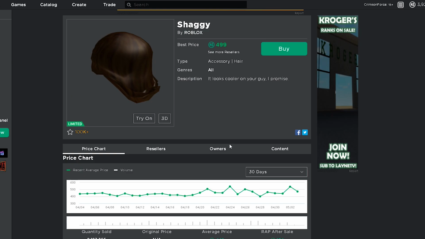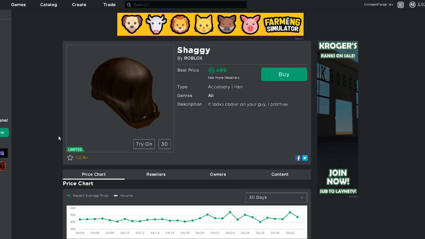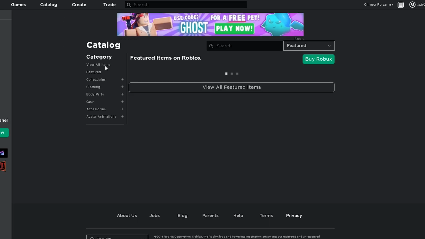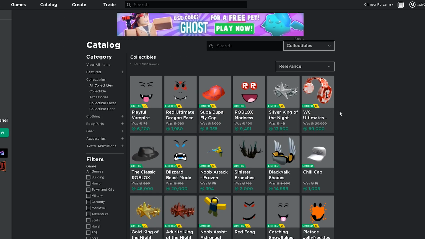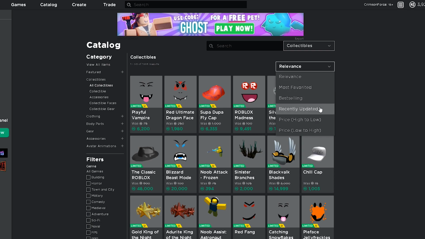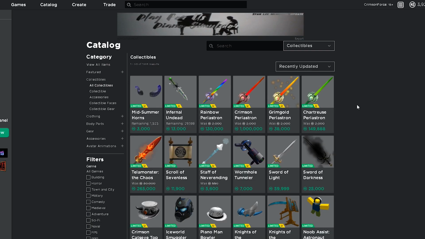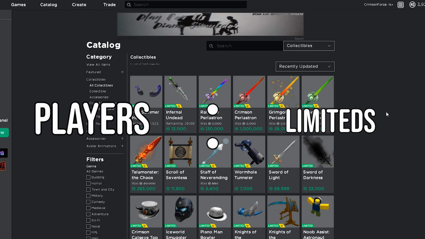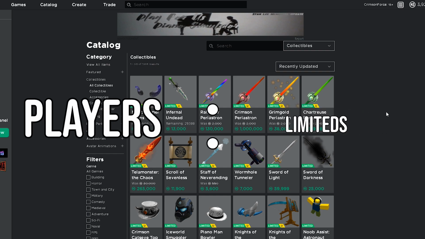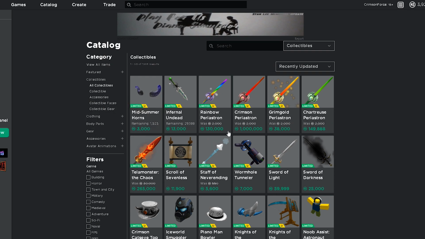So what Roblox has been doing lately is actually extremely smart. The reason is that Roblox has been growing at an extremely high rate lately. So when they are producing a smaller amount of limited items, which they have been doing lately, everything in this entire market goes up due to inflation, because as the ratio of players to limited items increases, the value of all these limited items goes up.